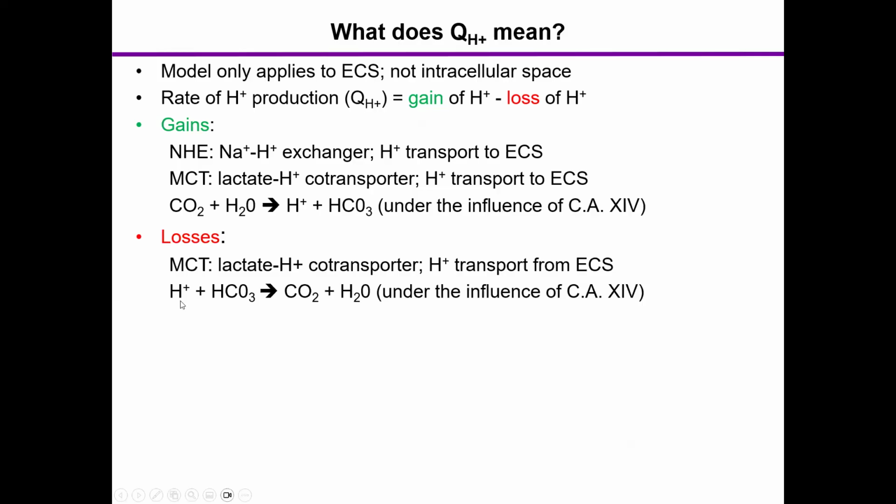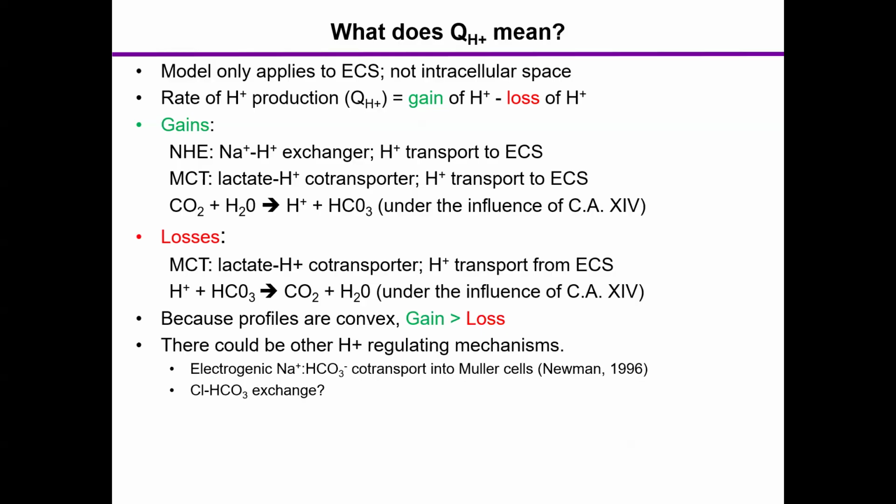It's also possible that hydrogen ion is lost because it's turned into CO2. Probably both of these buffering things are not going on. So the question is, which is it? But because the profiles are convex, we know that the gains must be greater than the losses.